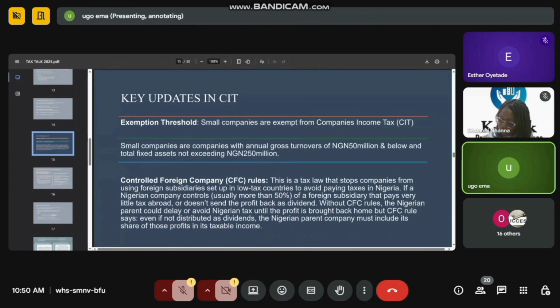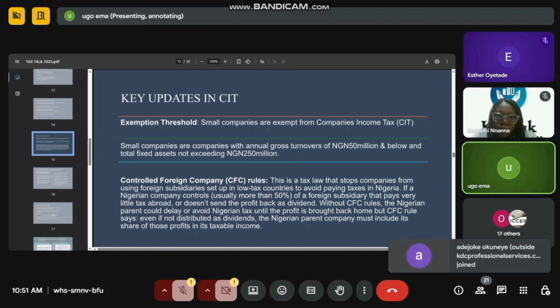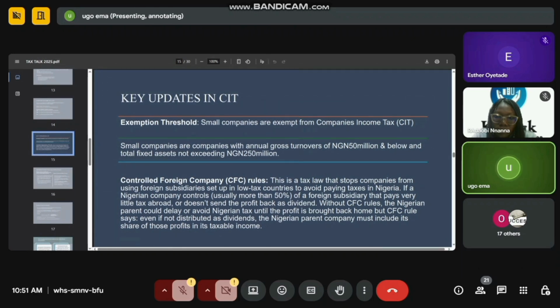Even though your fixed asset is lower than 250 million naira, you are not a small company. For you to be regarded as a small company in Nigeria, to enjoy company income tax exemption, you must have both your gross turnover below 100 million naira and your fixed assets also below 250 million naira.